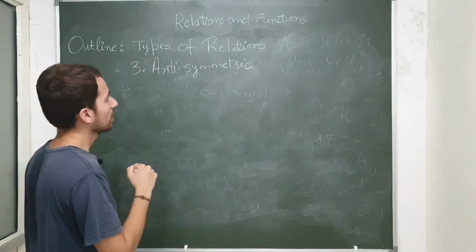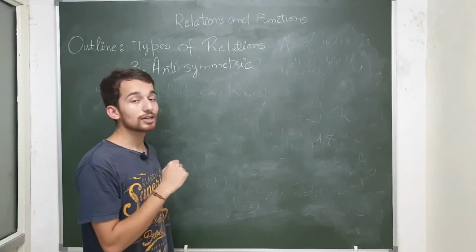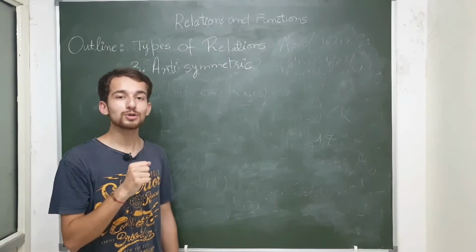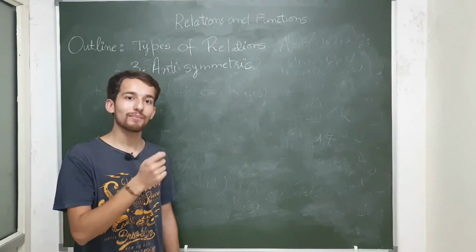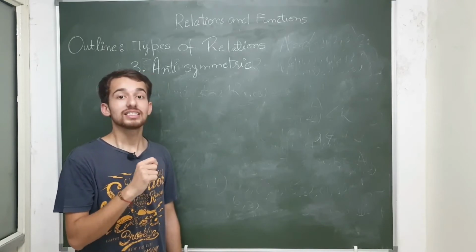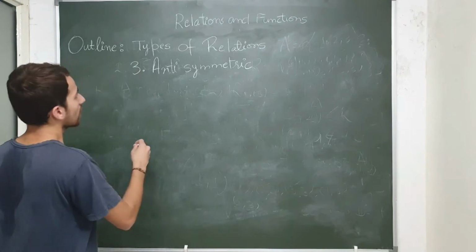That is, it should not hold what was happening when we were discussing a symmetric relation. So how is this defined?